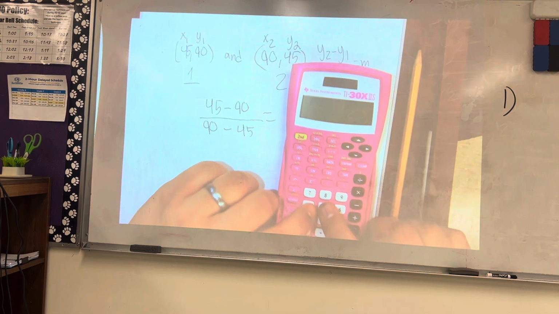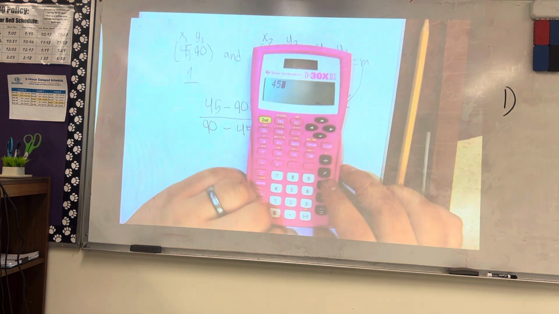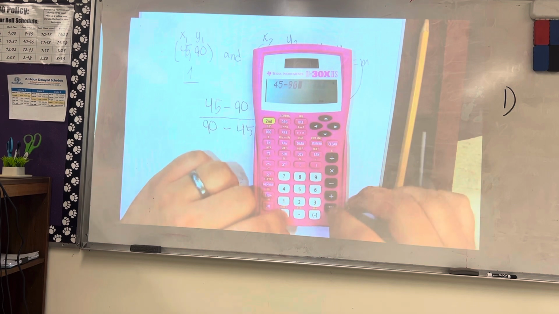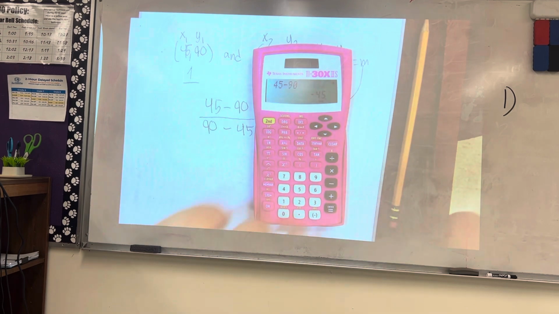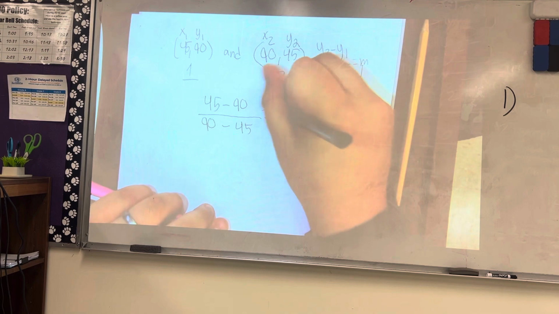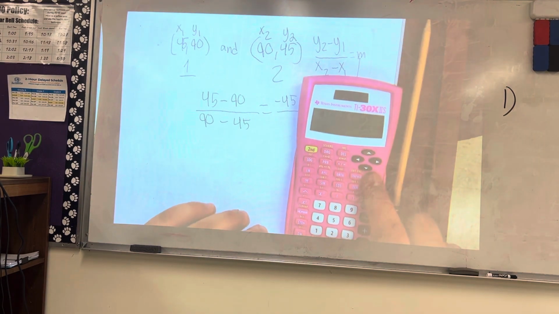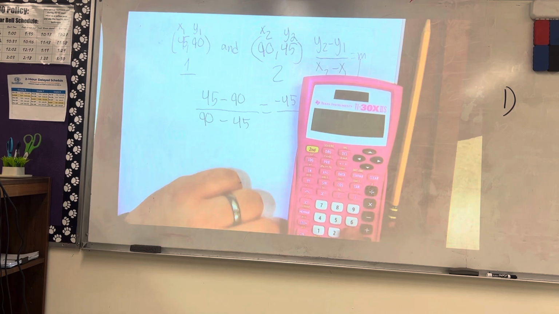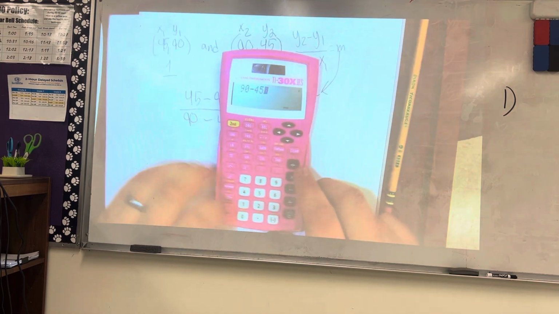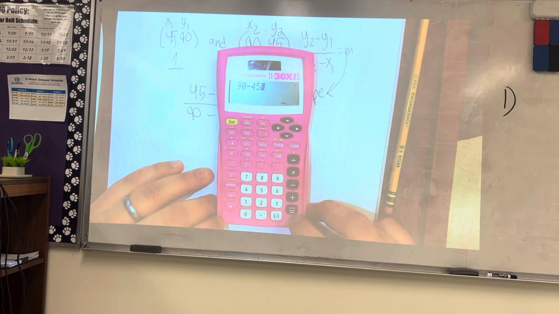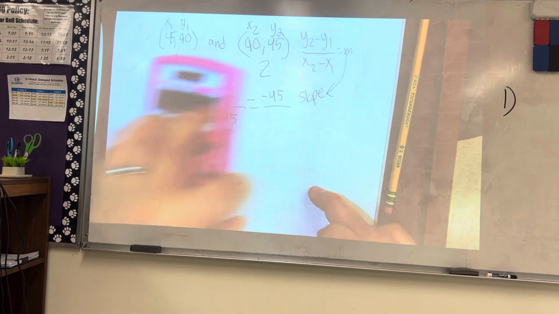So 45 minus 90 is going to be negative 45. And now let's go to the other part, which is going to be 90 minus 45. Enter 45.